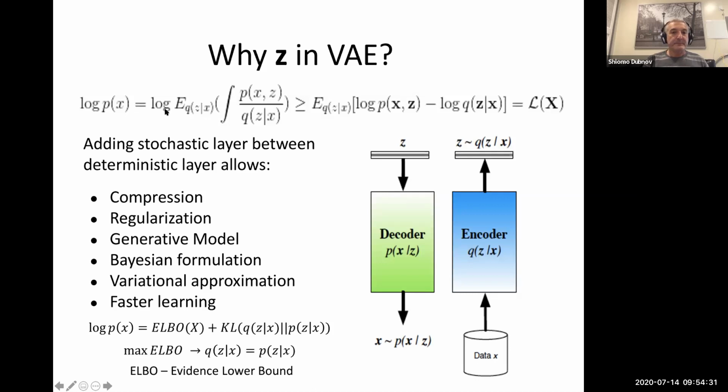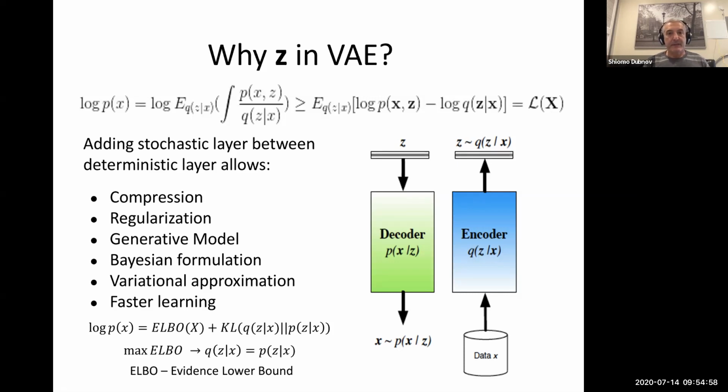Now, going into some mathematics pretty quickly, if you assume that X exists in the world together with Z, so you have a joint probability, we could average out and get back P of X by marginalizing. Basically, we have an integral of P of X, Z dz.